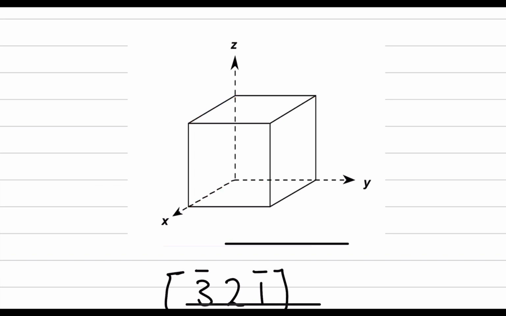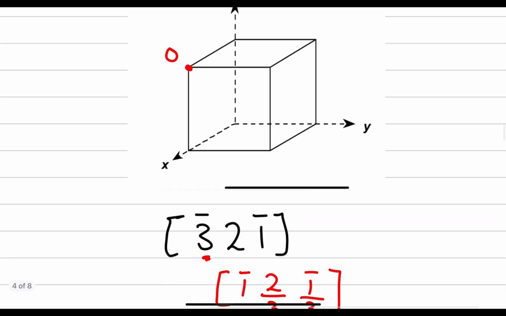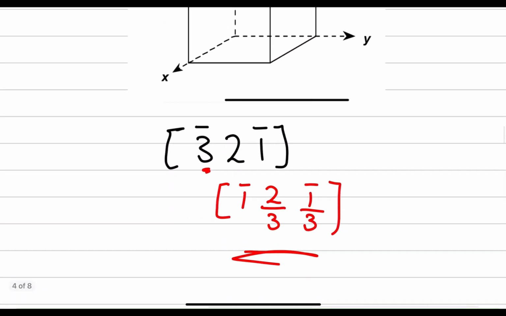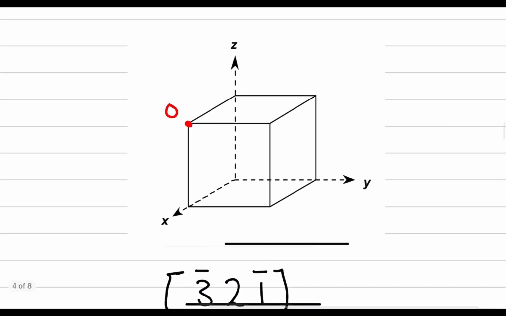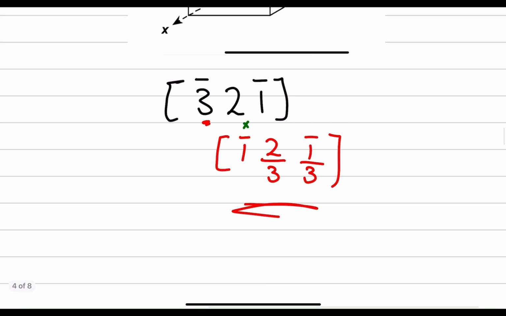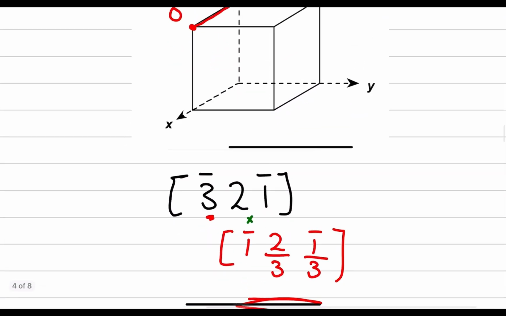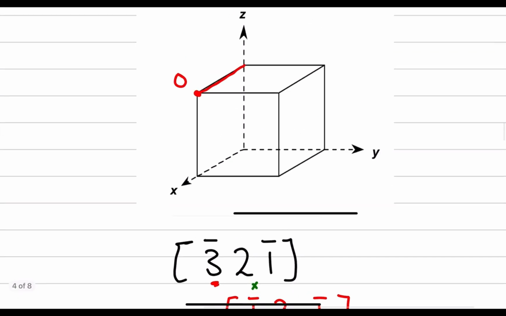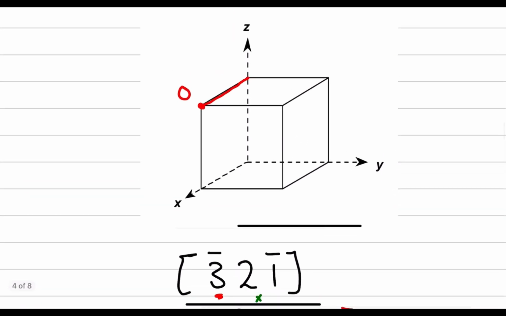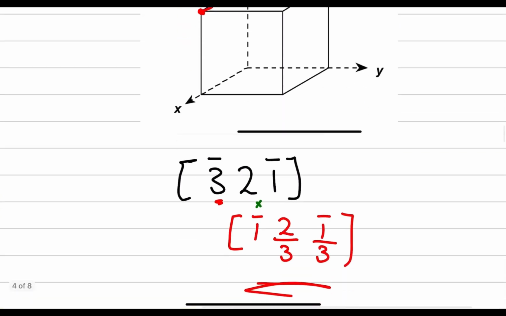Now we have determined the origin, which is here. We go for x by minus 1, so we move like this one to reach minus 1 in x, and then 2 over 3 in the y-axis, so it will be almost here.